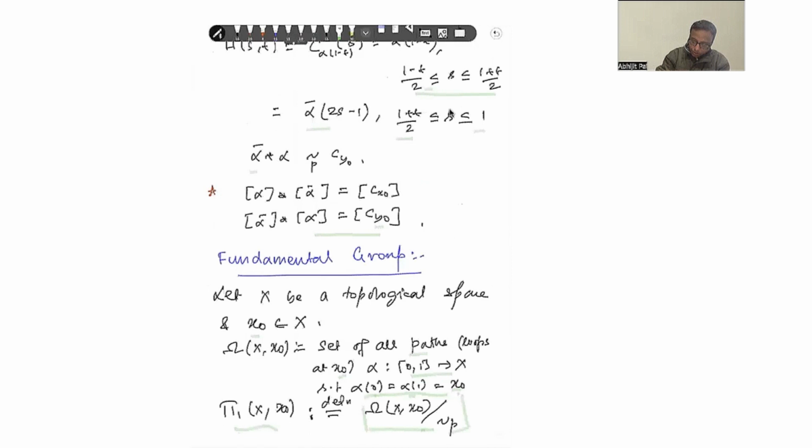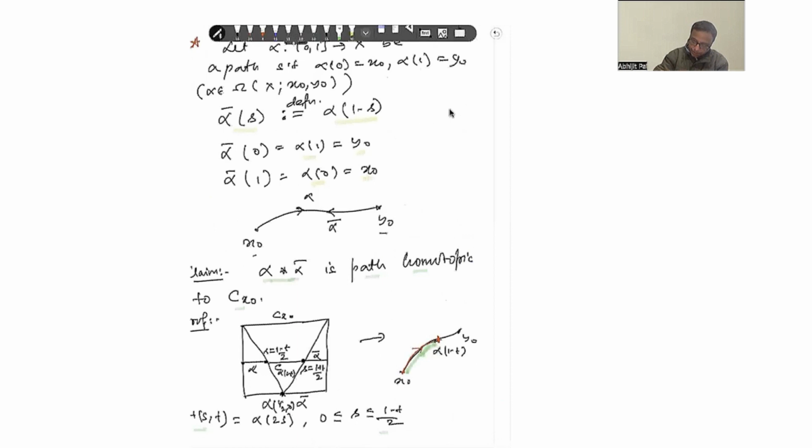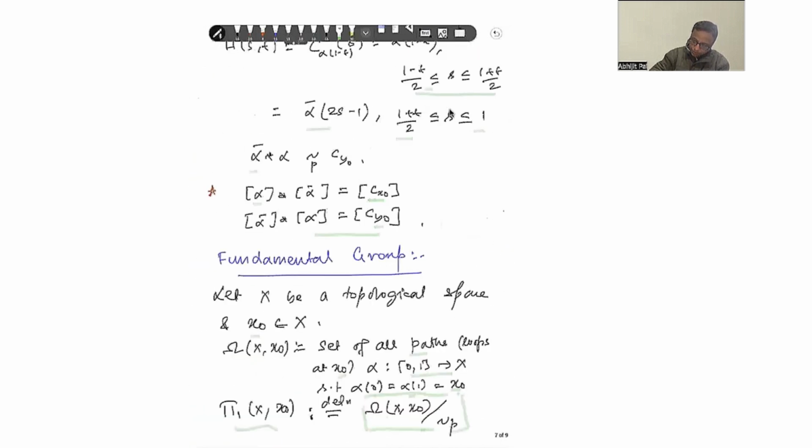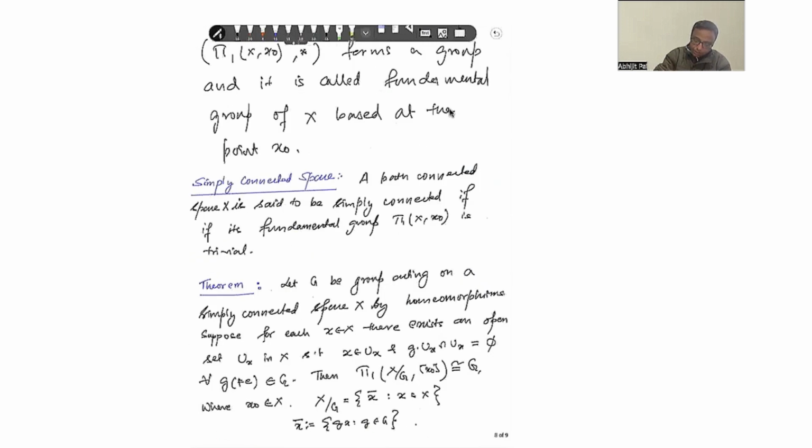So alpha bar will be the inverse of alpha, and the equivalence class of the constant map c_x0 will be the identity element because of this. Therefore, what we have shown is that pi_1(X, x naught) with respect to this composition forms a group, and it is called the fundamental group of X based at the point x naught.